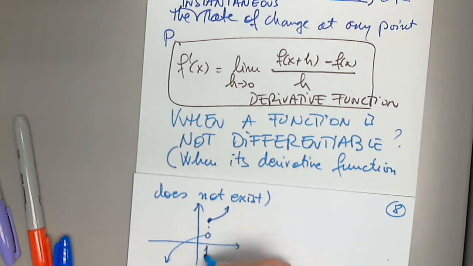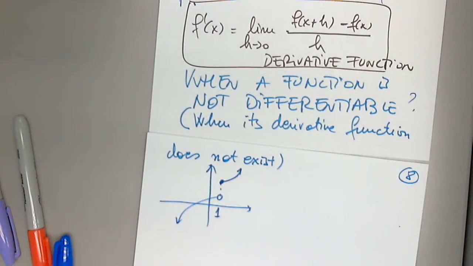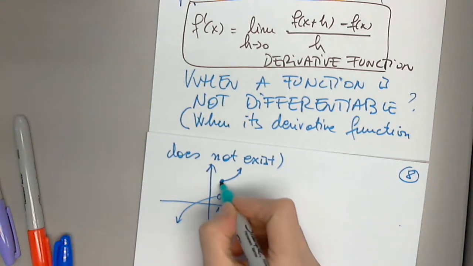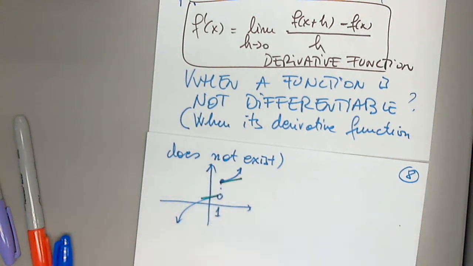I claim that at x equals 1, this function is not differentiable. Its derivative at that point does not exist. Why? Remember, what is the derivative? It gives the slope of the tangent. But if there are two tangents, which one is it? Right here at this point, here's one tangent, and here's another.